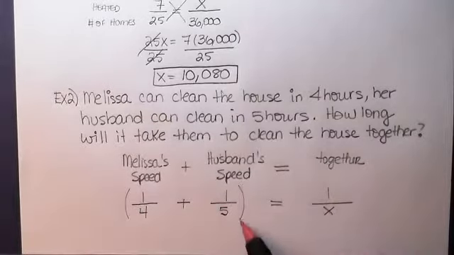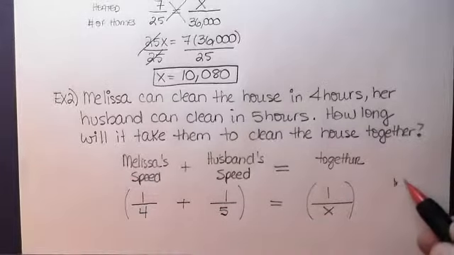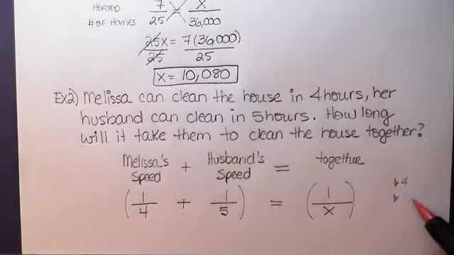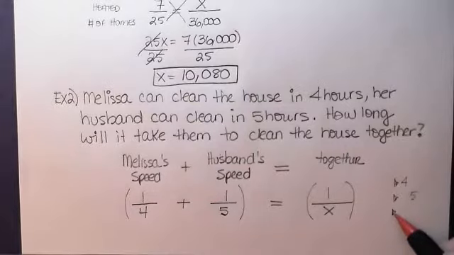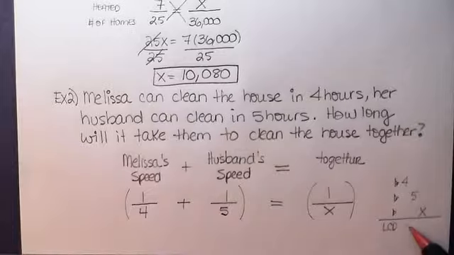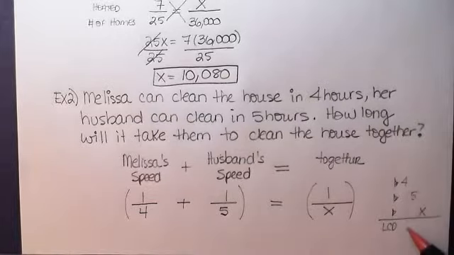And basically what I'm going to do, if you remember, we line up our denominators. We have 4, we have 5, and we have x. So my LCD will be 4 times 5 times x, which is the same as 20x.